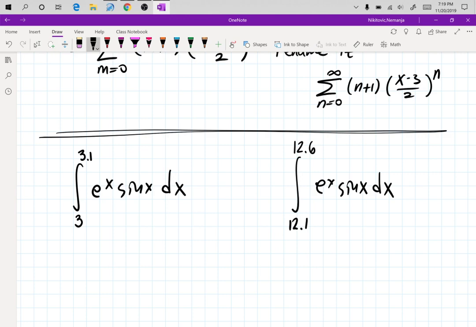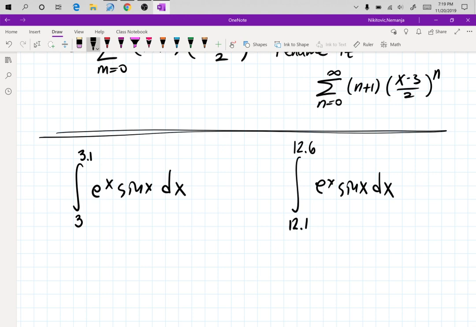And what might be the difference? Is that the center? Yes. Center.